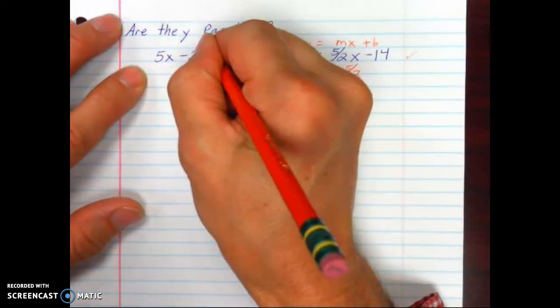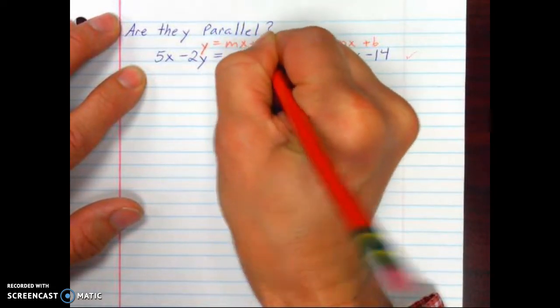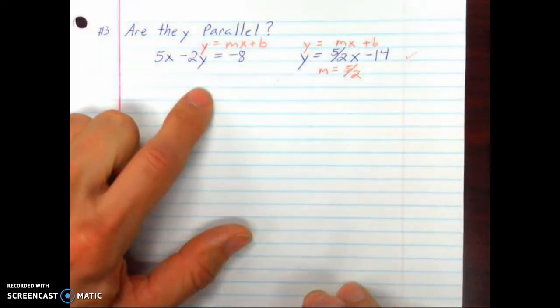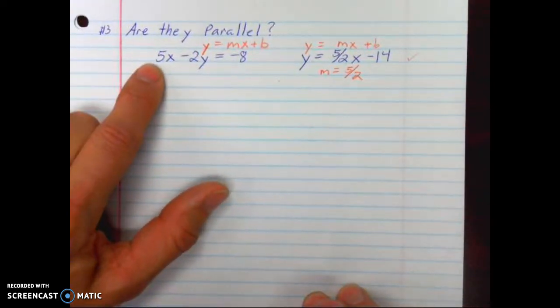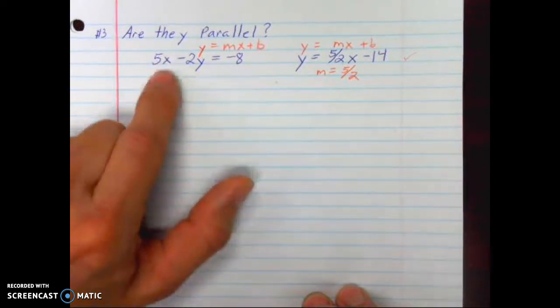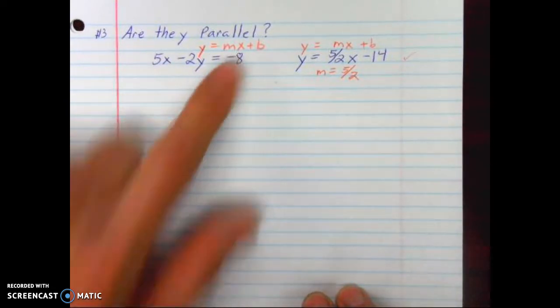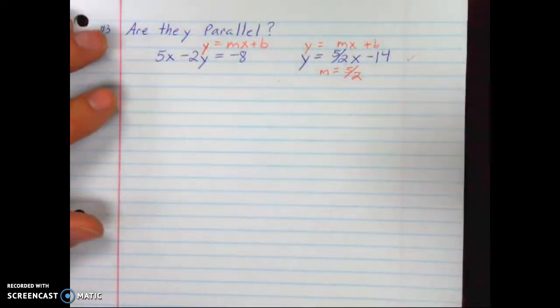But if I come over here, y equals mx plus b, no, this is a red flag. This 5 is not the slope. That is not the slope because it's not in this form. So we have to change this equation to match this. So we're going to do that right now.